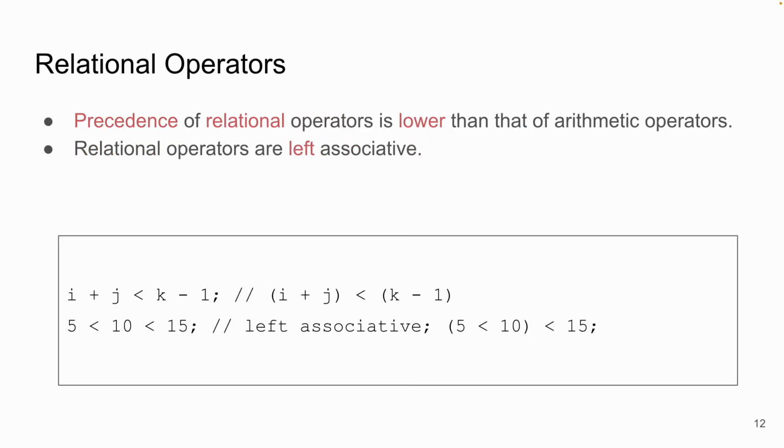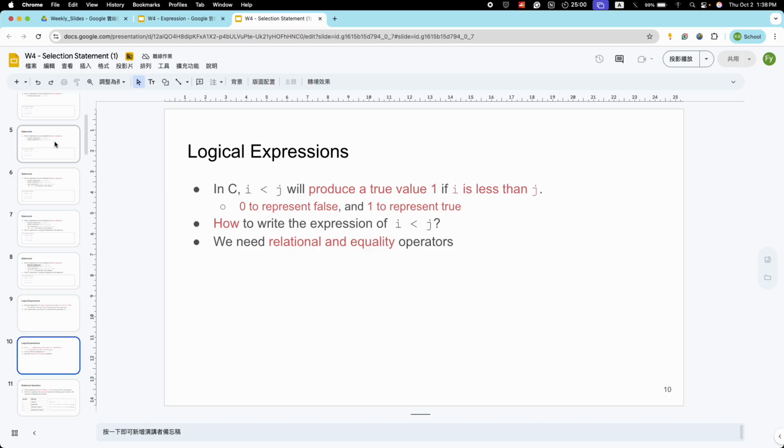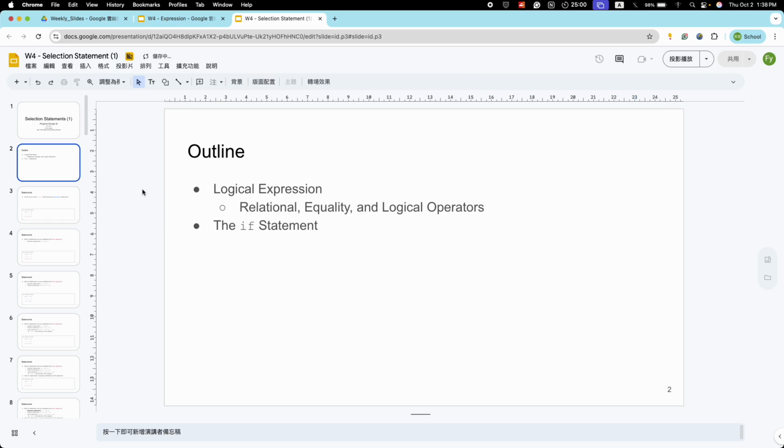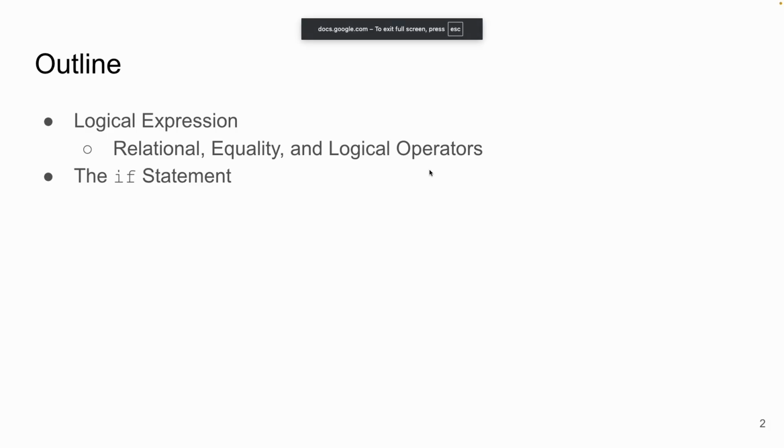That is relational, okay, I typed it wrong, sorry about that. So to learn how to use selection statements, we need to know how to write logical expressions. And to write a logical expression, we need to know how to use relational, equality, and logical operators.